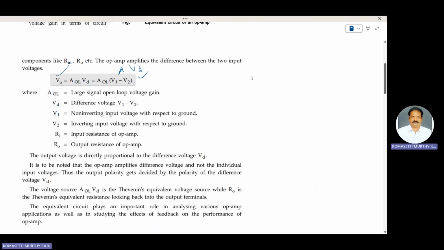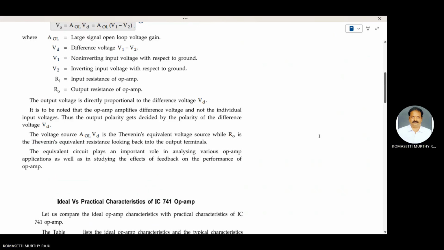The output voltage polarity is decided by the difference voltage V1 minus V2. The voltage source AOL VD is the Thevenin's equivalent voltage, while R0 is the Thevenin's equivalent resistance looking back into the output terminals.